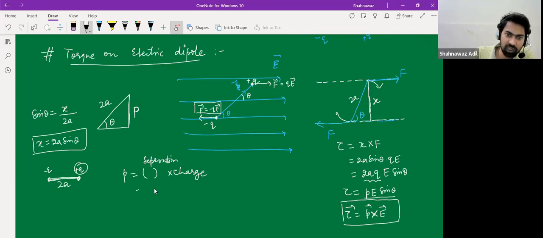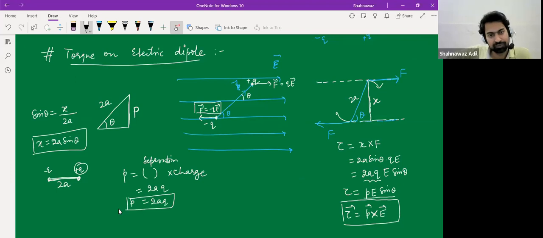So 2aq would be the magnitude of this dipole moment. Now you remember, when we were discussing this dipole moment, we discussed the magnitude of this type. Please note down this part. Any doubt in this part? No, sir. Okay, so please note down this part.